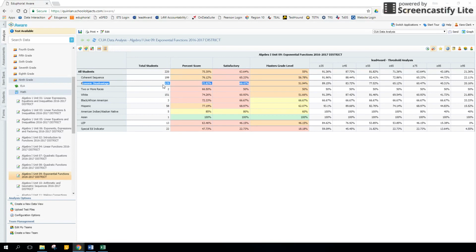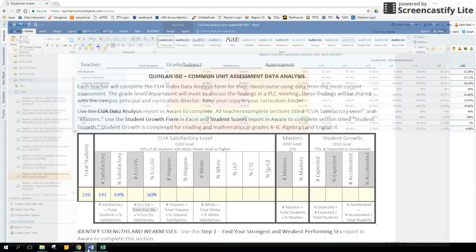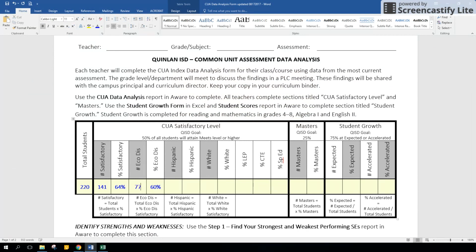So there's 129 economically disadvantaged students that took this test. We're going to multiply 129 by 60%, and we get 77.4, which rounds down to 77 students.